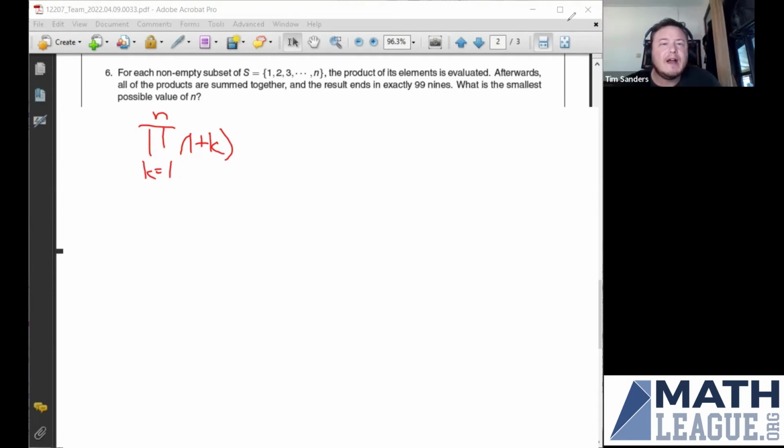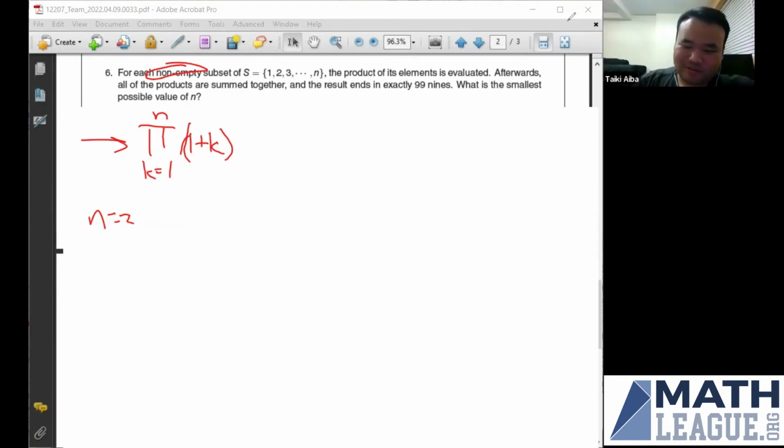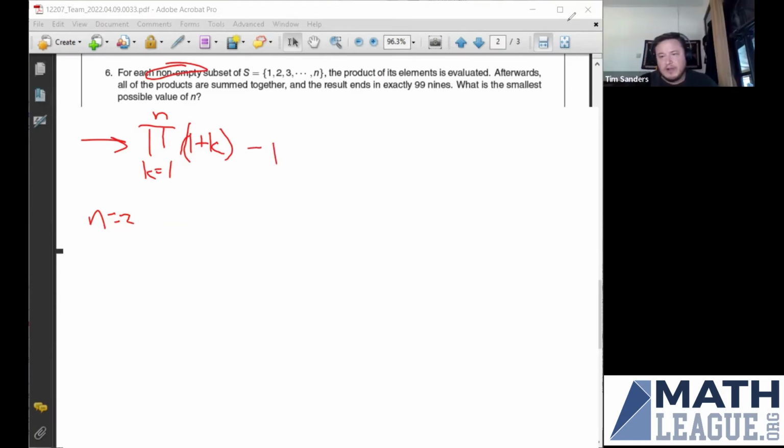Okay. So we've got an interesting conjecture here, right? So maybe we test it out. Maybe we do this with n equals 2. Right. So for n equals 2, let's do non-empty subsets. Oh, there's a 1 we subtract from it. So we are subtracting a 1 at the end.